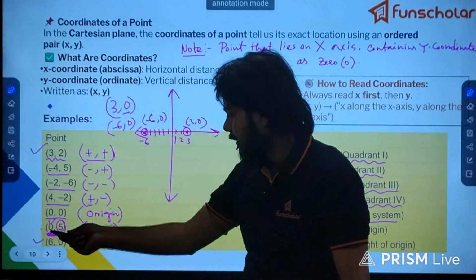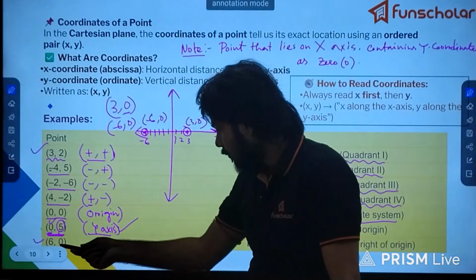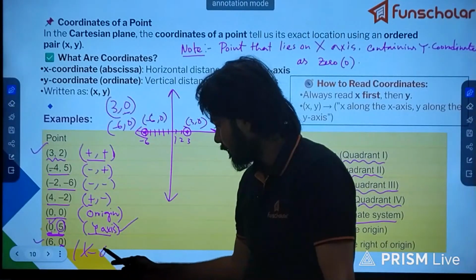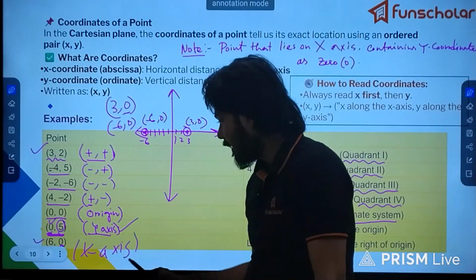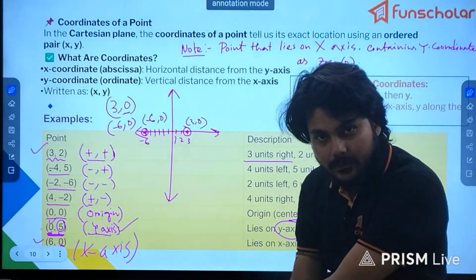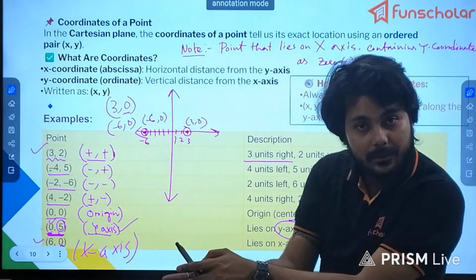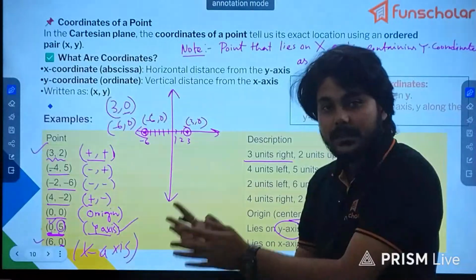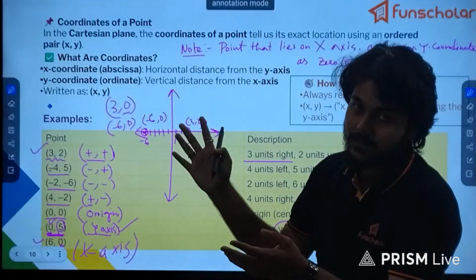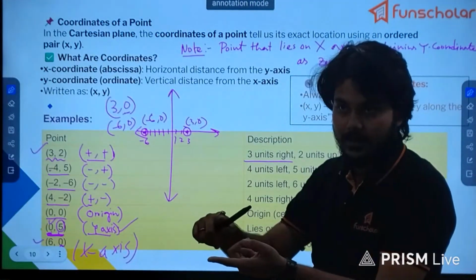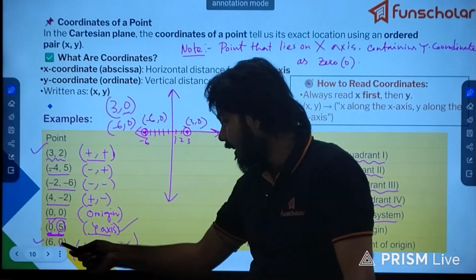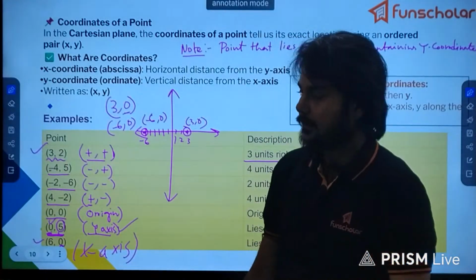If the x coordinate is 0, this lies on the y-axis. If the y coordinate is 0, this lies on the x-axis. Y is 0, then x-axis. X is 0, then y-axis. Okay? Very good.